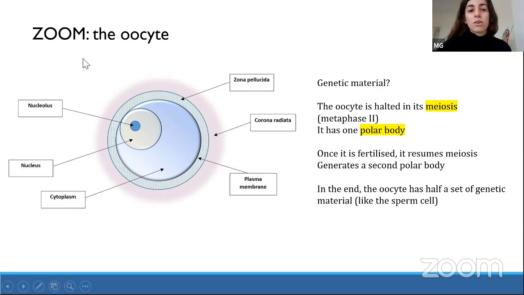And around the zona pellucida, there's the corona radiata, and that is made of cells from the follicle, because the oocyte is released from a follicle in the ovary, and there's lots of follicular cells around the oocyte. So corona is other cells.